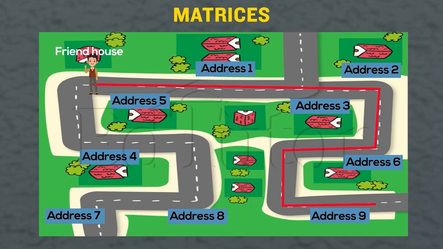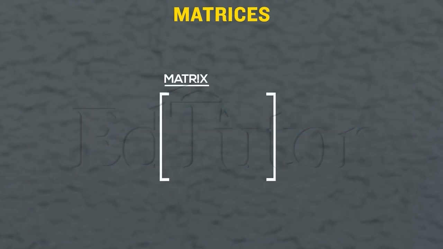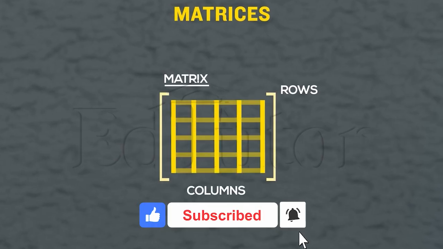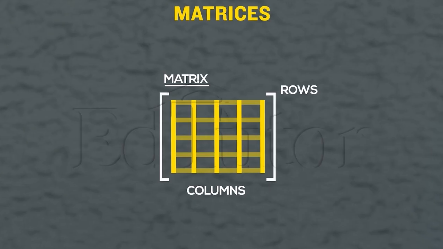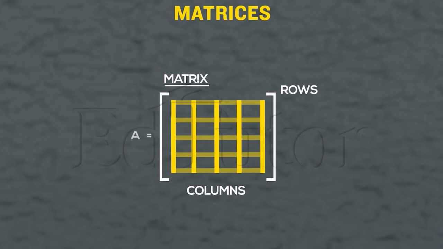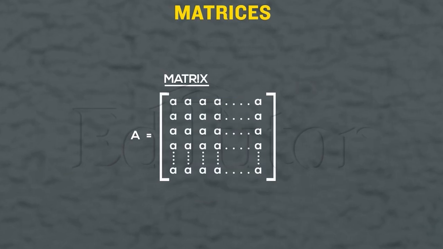You already know by now that we represent a matrix by arranging its elements in rows and columns, and that a matrix is always represented with a capital alphabet. Here, this matrix is represented by capital A, and its elements are represented by small a.